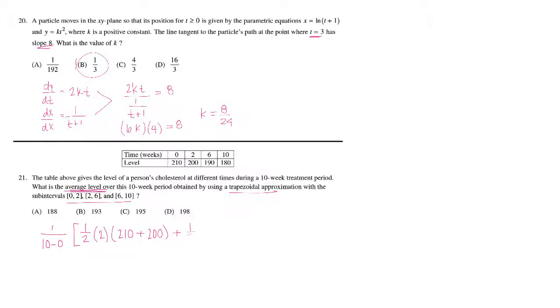So we're going to have 1/2 times 4 times, and if we add those, we're going to get 390, plus, and I'm going to slide over my screen for a second, hang on, plus 1/2 times 4 times 370. And when you work out all of that awesomeness, then you end up with answer choice B.